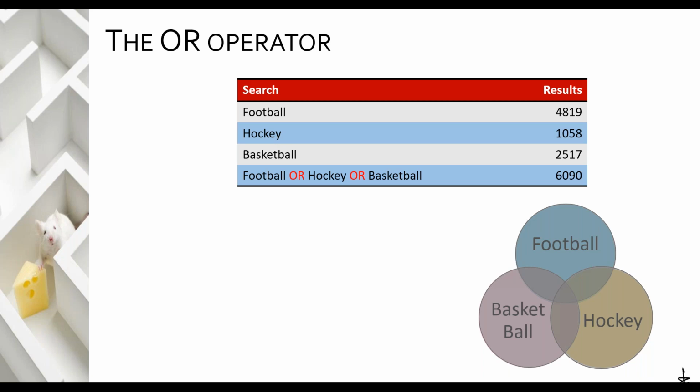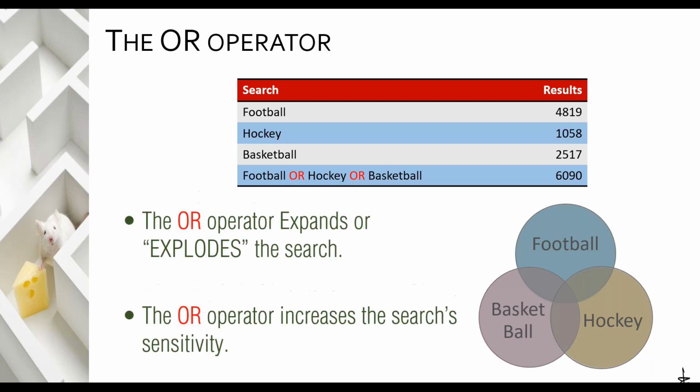So there are people who play basketball and football. There are people who play hockey and football. When I put OR, I'm using all of them. So OR is an operator that explodes your search. Explodes just means it makes your search bigger. It increases the sensitivity of your search.